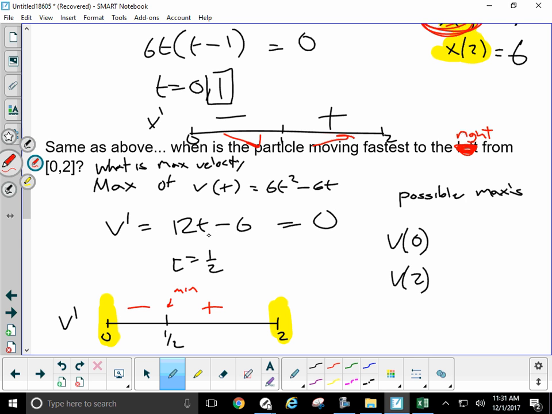Not the prime values, but the y values, the function values. The velocity at time 0 is 0. The velocity at time 2 is 24 minus 12, which is 12. So that's your max velocity on your interval there. Questions about that?